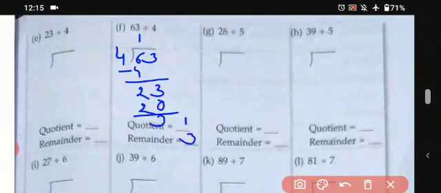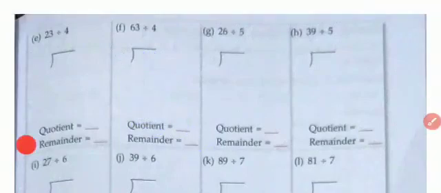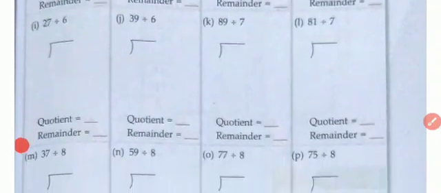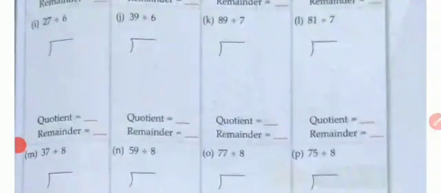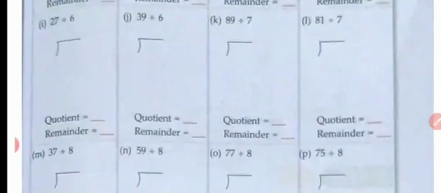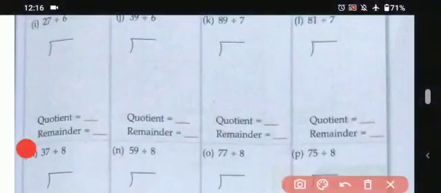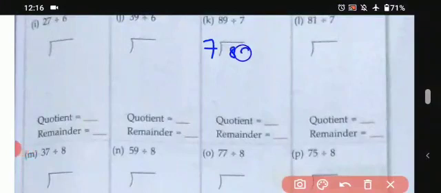Okay students, so the next question we'll be doing is 89 divided by 7. So we'll be writing here like this, 7 and 89.